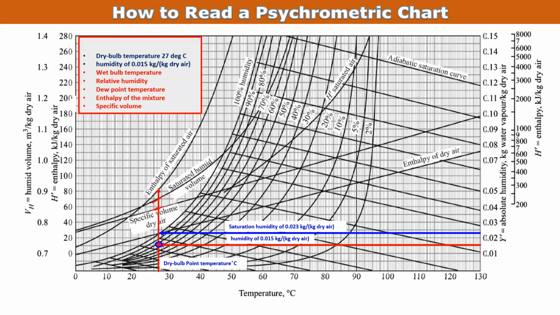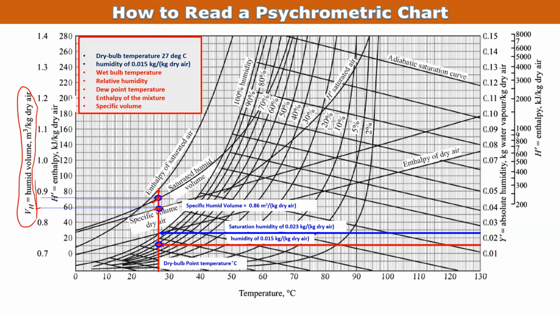Here again we know the saturation humidity, and this point cut is the specific volume of the dry air, because we extend that dry bulb temperature line. At this point the specific humid volume is 0.86, because it is given here. So this is 0.86 meter cube per kg dry air.